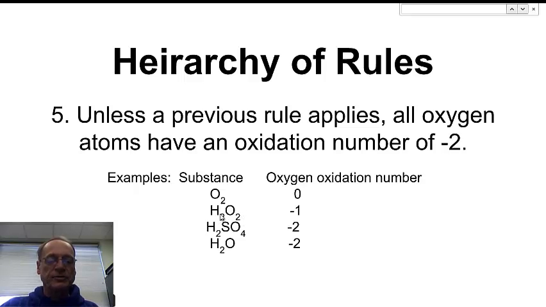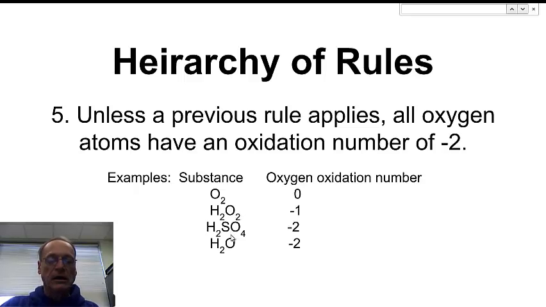Since the previous rule says hydrogen is always a +1, and since the overall charge has to add up to 0 because this is a neutral molecule, if we have two +1s for the hydrogens, then the two oxygens must each be a -1, and so the oxidation number of oxygen in this molecule, H2O2, is -1. That breaks the oxygen rule that says it's always a -2, but that's because previous rules say otherwise.